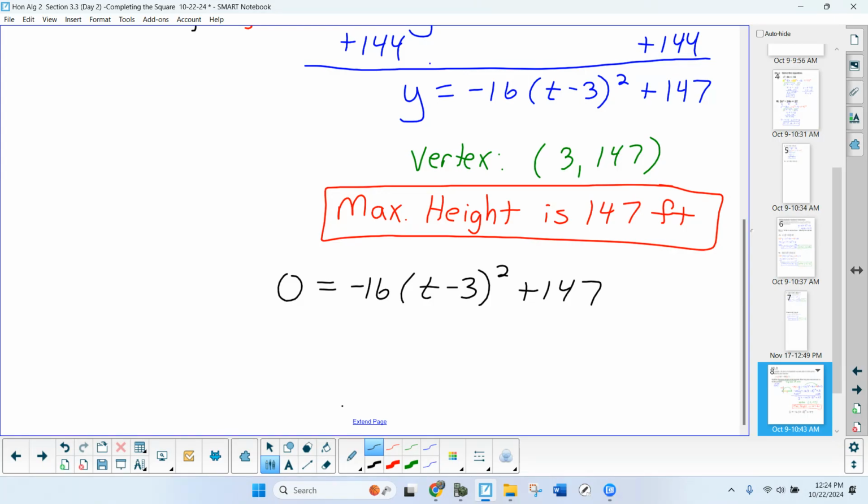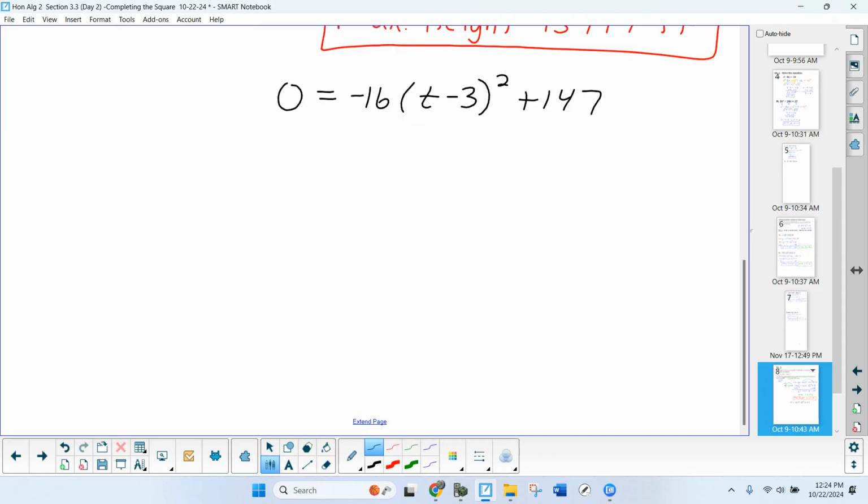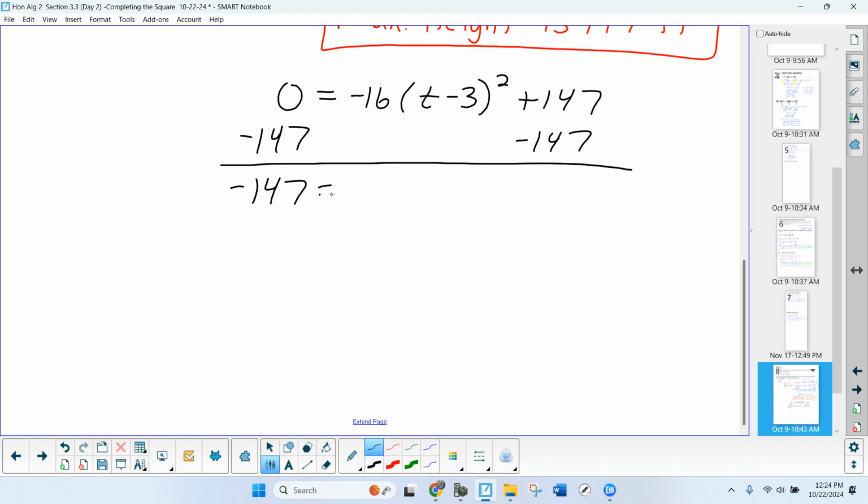I can now use square roots because I've got t minus 3 squared. How do I use square roots? What are you guys going to do first? We need to isolate this quantity. What are you going to do first? Minus the 147.